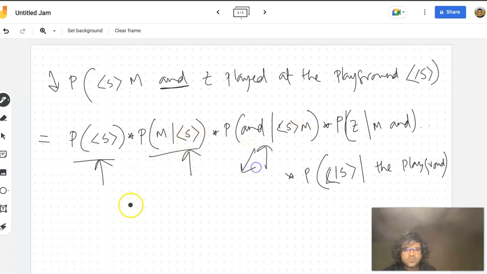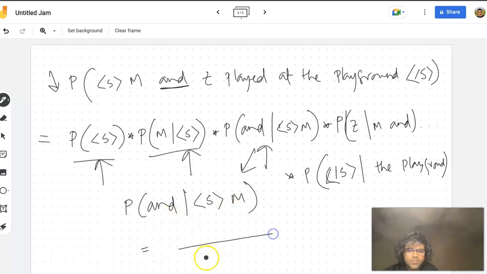Suppose this is the thing. You need to calculate the probability of end given start and then m. So m is like Mag or so, I'm just shortening it. Then how will you calculate the probability? It will be the count of start, then m, and then end, divided by the count of start, then m.